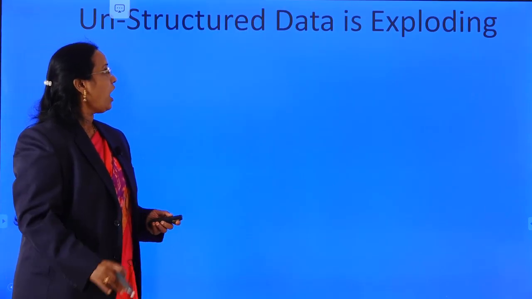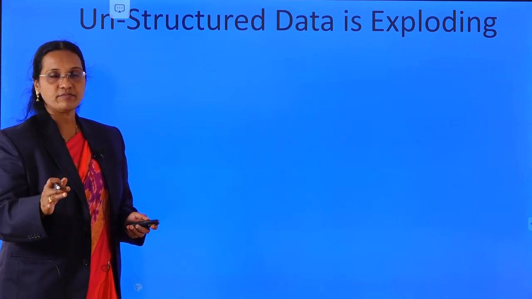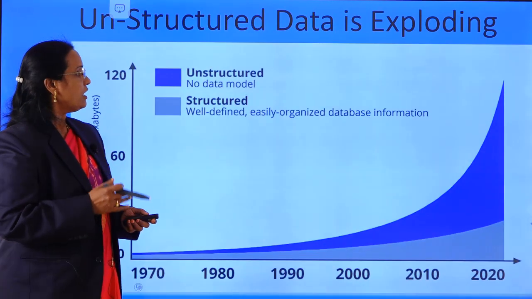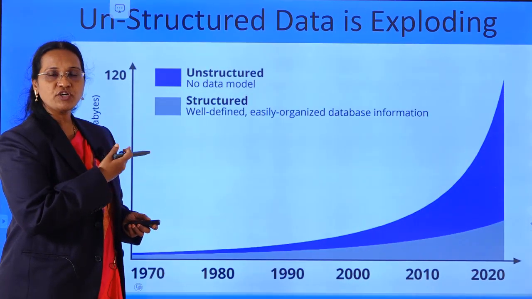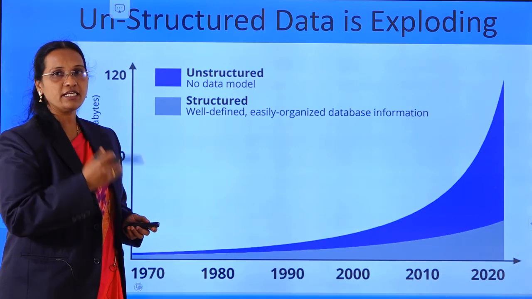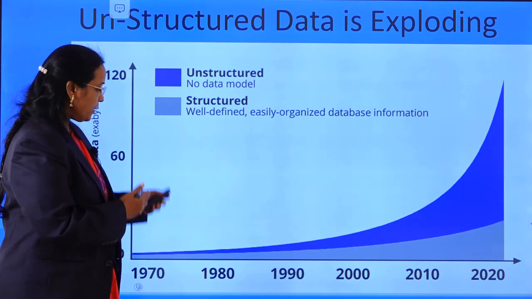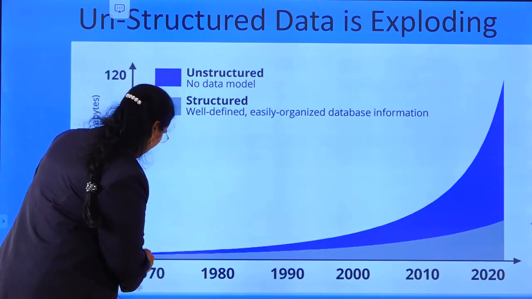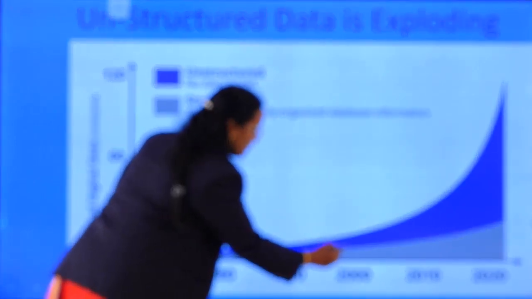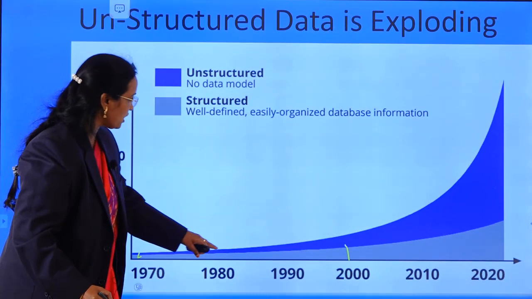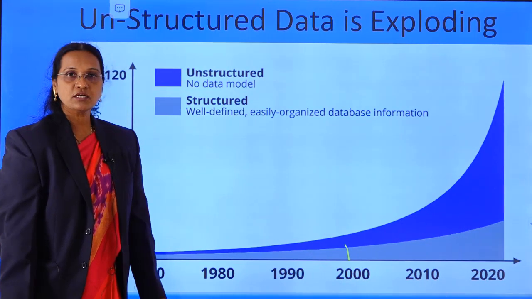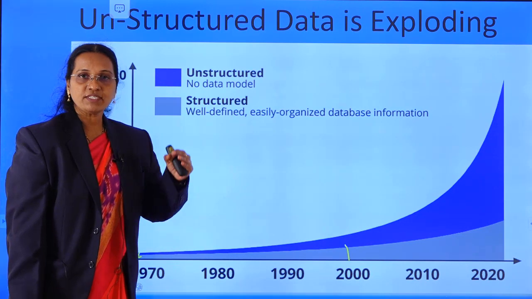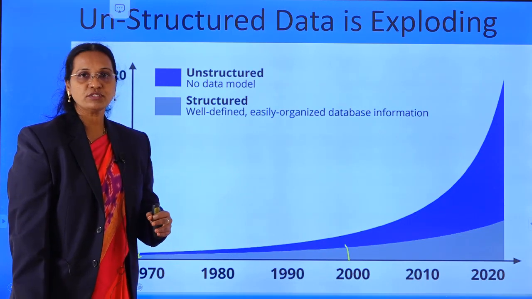Let us see how the unstructured data is growing. This is the graph demonstrating how the unstructured data is growing. You can see from 1970 to 2000, there is a slow growth of unstructured data, because there was less usage of social media networks and less usage of smartphones.